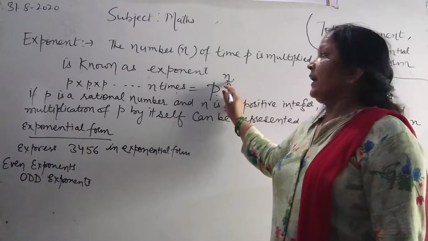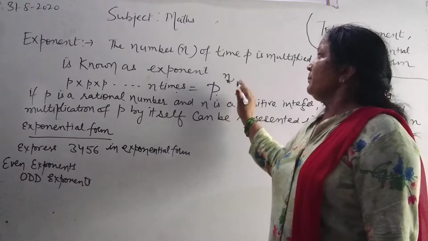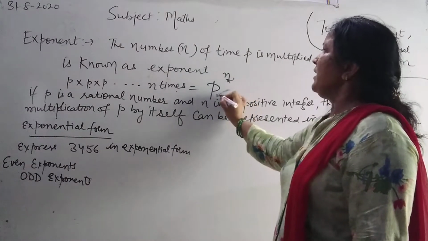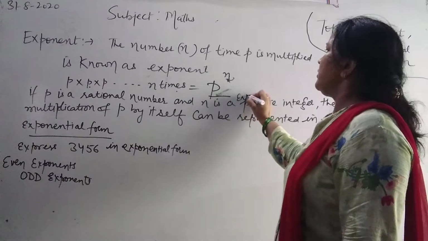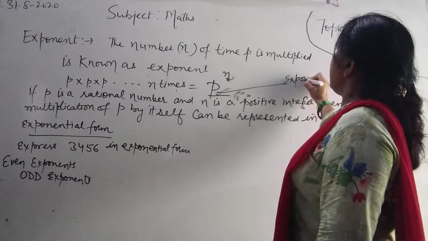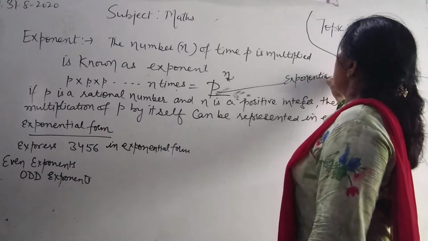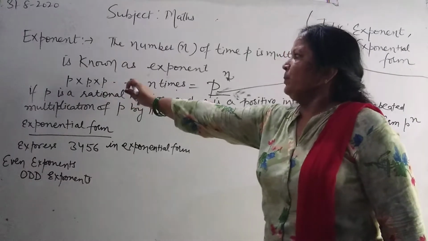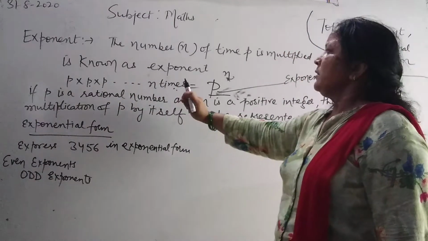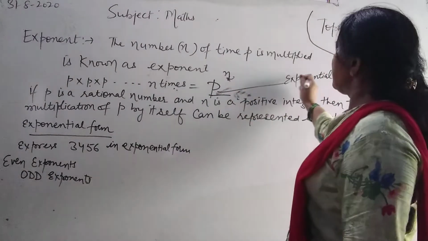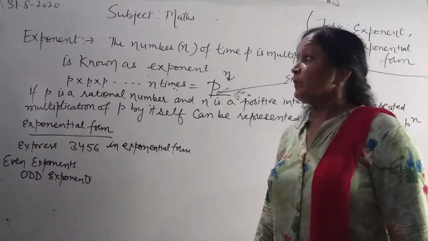This is the exponential form. When p is multiplied by itself n times, we write it as p raised to power n. P raised to power n is called the exponential form.